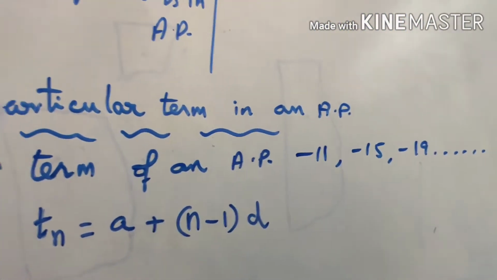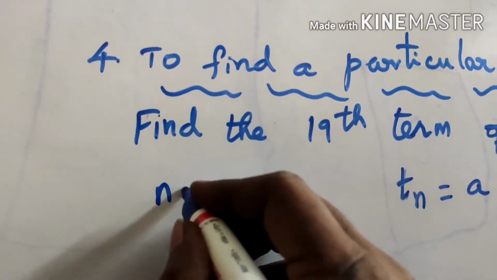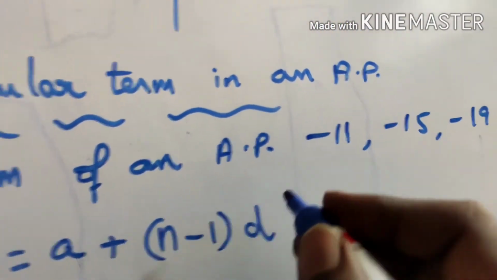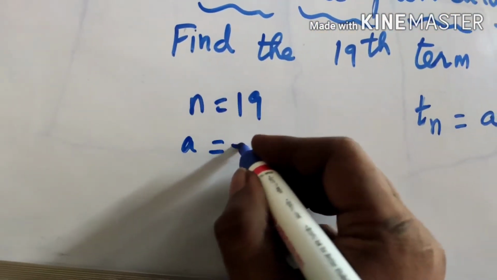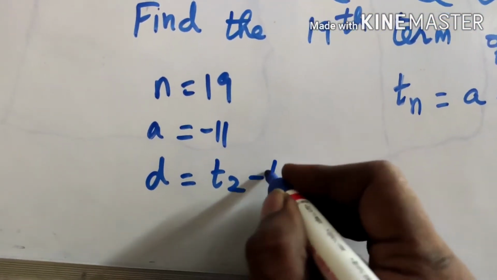First let us find these values. N is given, the 19th term. A is in the question, minus 11. The first term is A, you know that. And D is T2 minus T1.